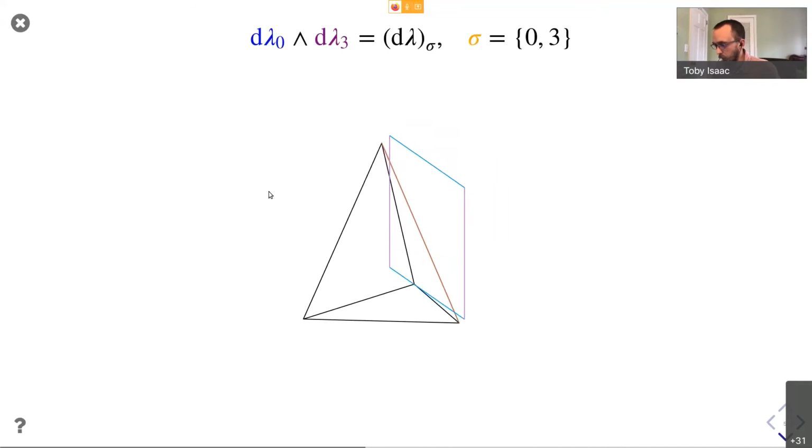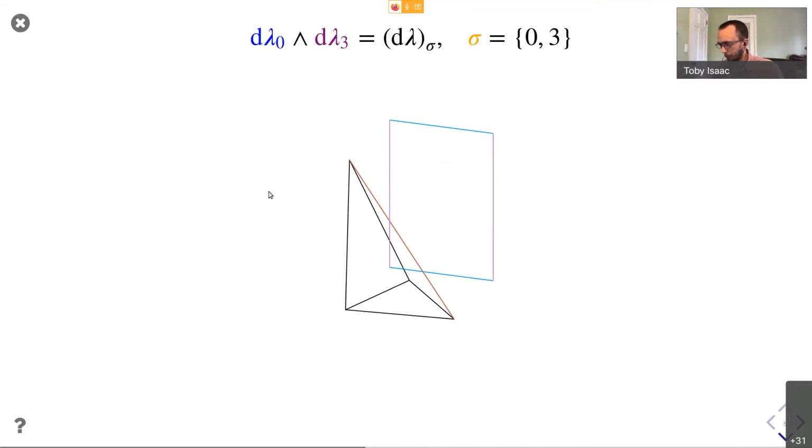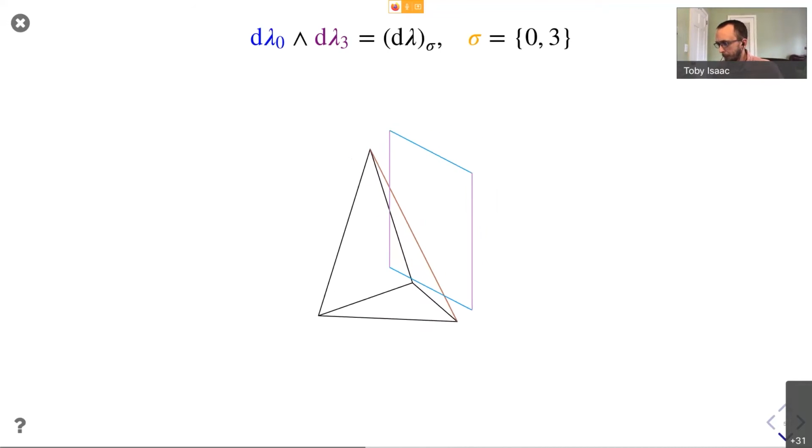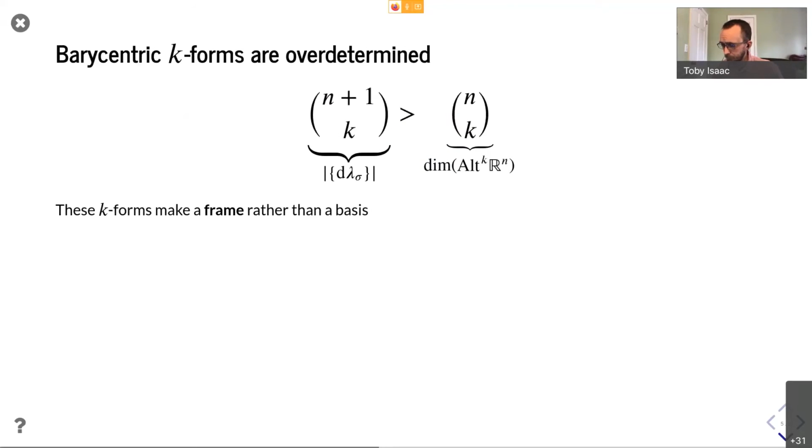It's going to transform with the tetrahedron. So because they transform as you go from reference to real, they're very useful for defining operators where you don't have to worry about the particular coordinates used.